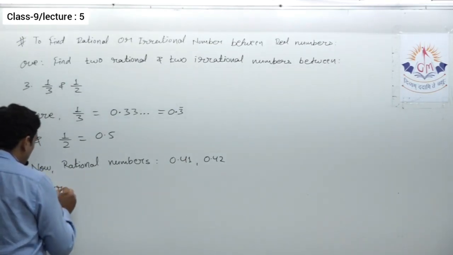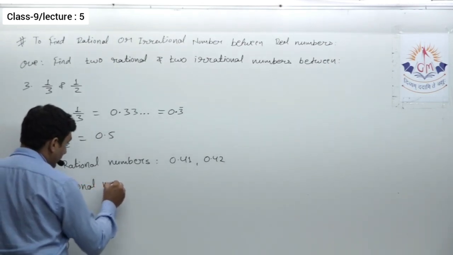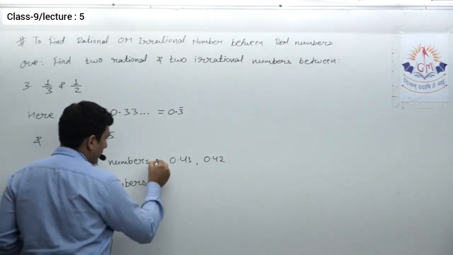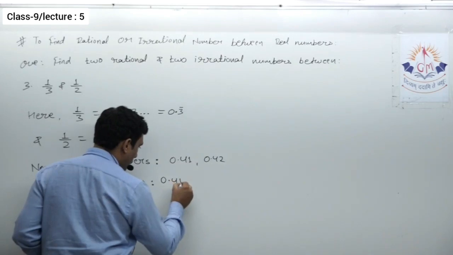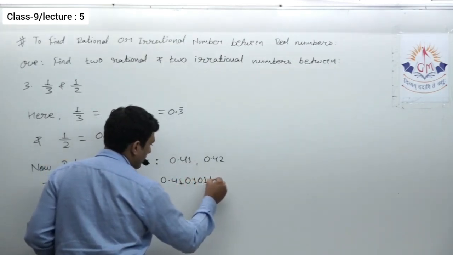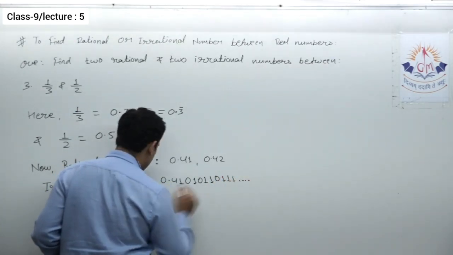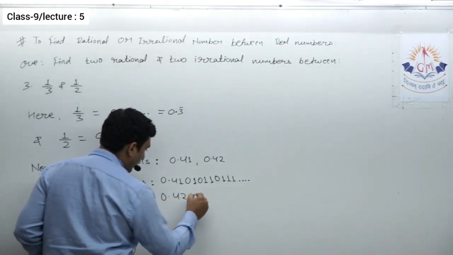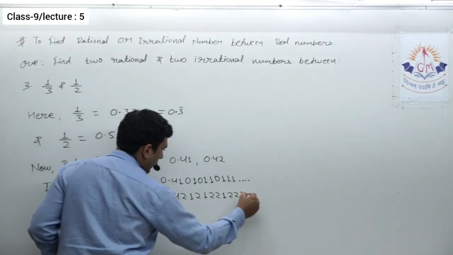Irrational numbers, as I told you, it is always easy to find if you have the rational numbers. Okay, 0.41, 0.42. So here I can write 0.41, 01, 011, 0111, and so on, and 0.42, 12, 122, 1222, and so on.